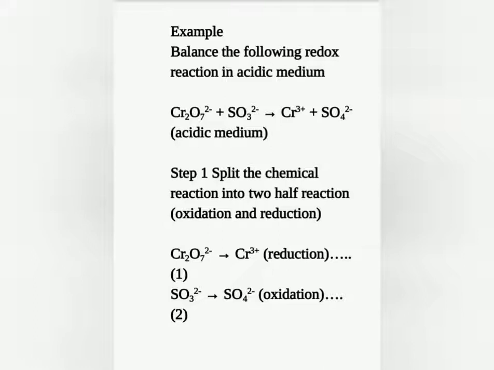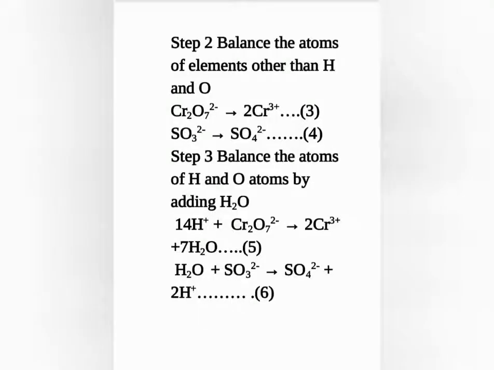And the second step is to balance the atoms other than hydrogen and oxygen. In the first equation, other than oxygen and hydrogen, only chromium is there. In the second half reaction, other than oxygen and hydrogen, only sulfur is there.